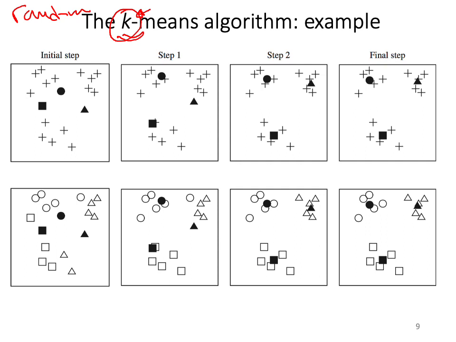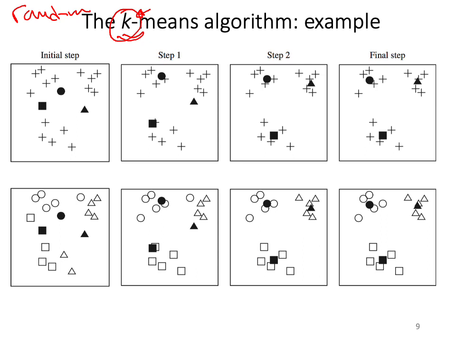So you randomly choose k. Once you choose the number of clusters, then you assign each instance to its closest cluster center based on the Euclidean distance. You calculate the Euclidean distance from that instance to all of the k centers that you've randomly chosen initially.